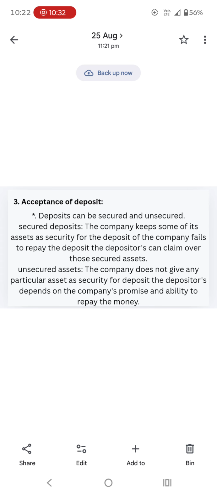The company will promise the depositor that they will return the money, but in unsecured deposits, the company will not provide any security or assets to claim when the company is not able to pay the money. So the depositors will depend on the company itself to repay the money.